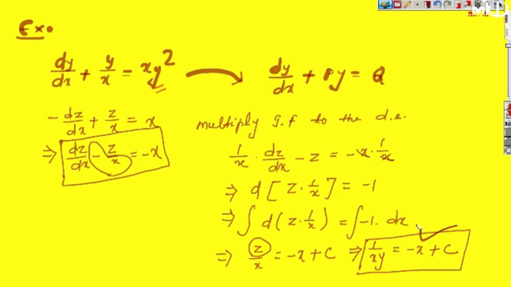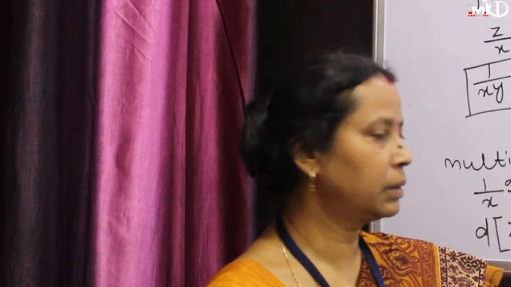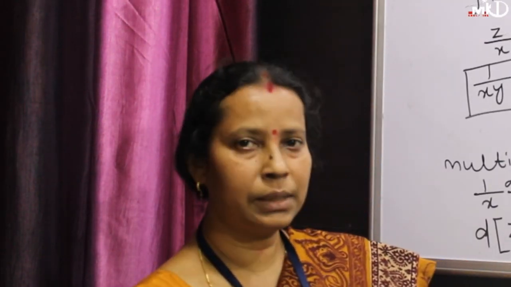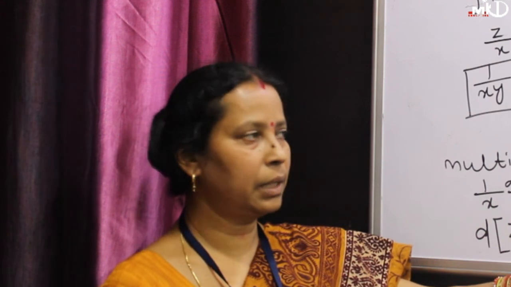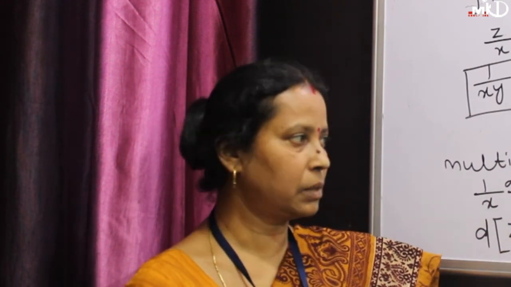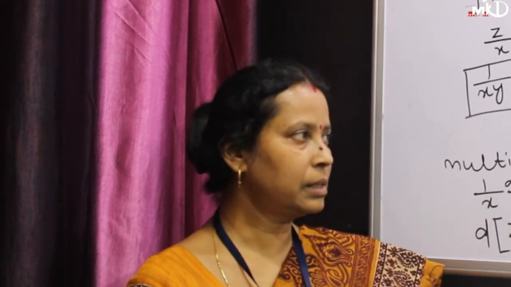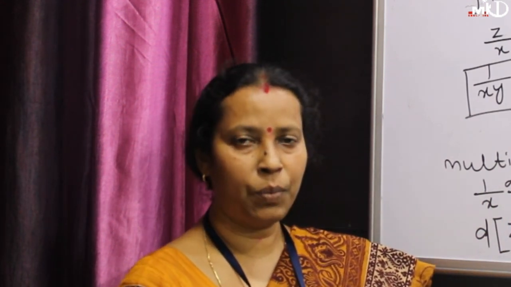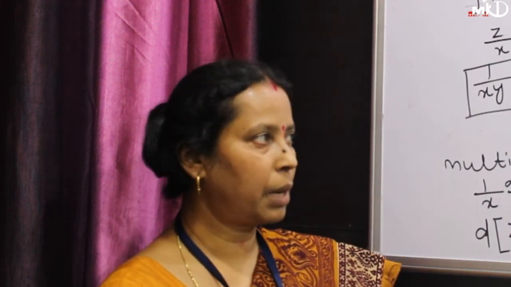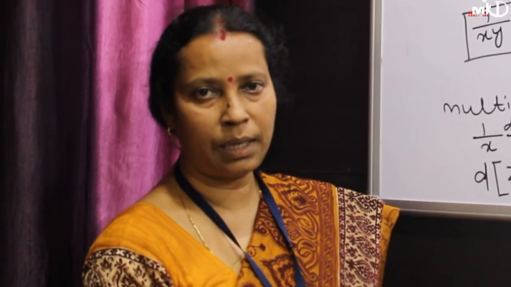Remember, in the Bernoulli equation, first we reduce to the linear differential equation, then we find the solution accordingly. So friends, this is your linear differential equation and its solution, and next class we will discuss some important examples according to our syllabus.